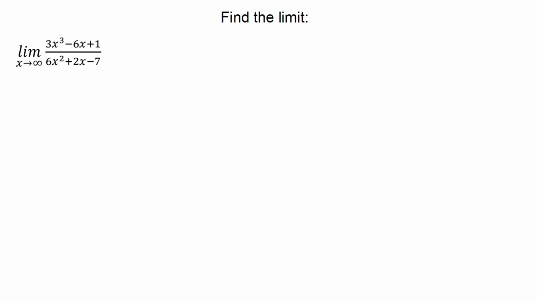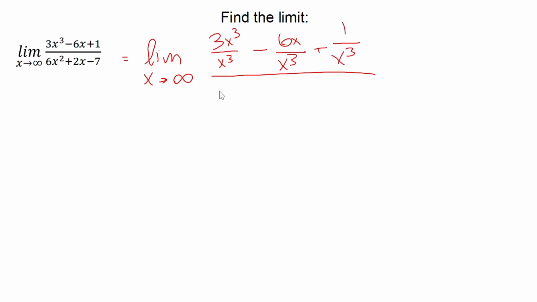So our highest power is x cubed in the entire problem. So we're just going to divide everything in here by x cubed. So 3x cubed over x cubed minus 6x over x cubed plus 1 over x cubed, all divided by 6x squared over x cubed plus 2x over x cubed minus 7 over x cubed.